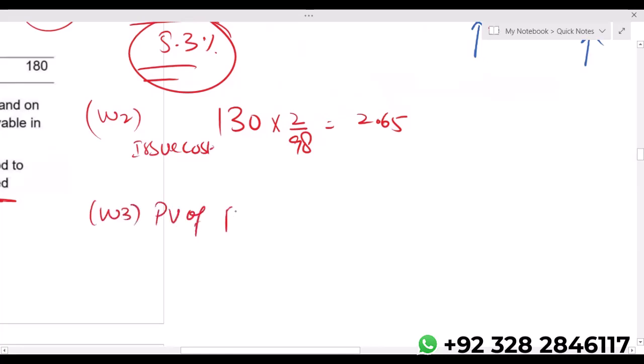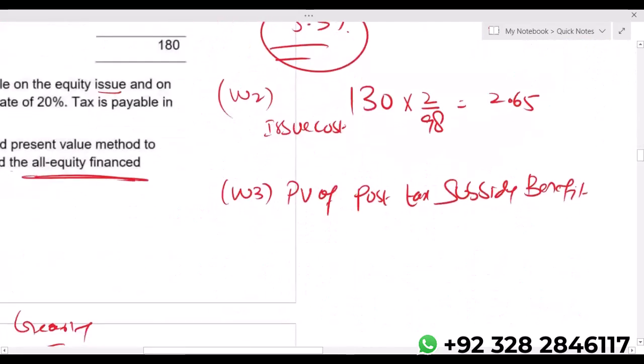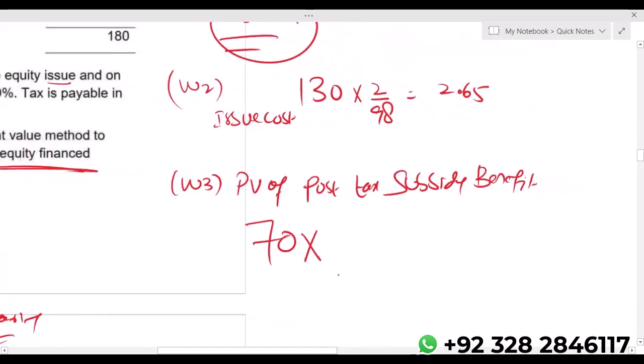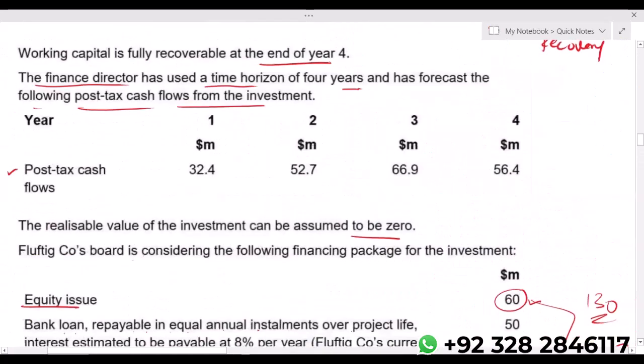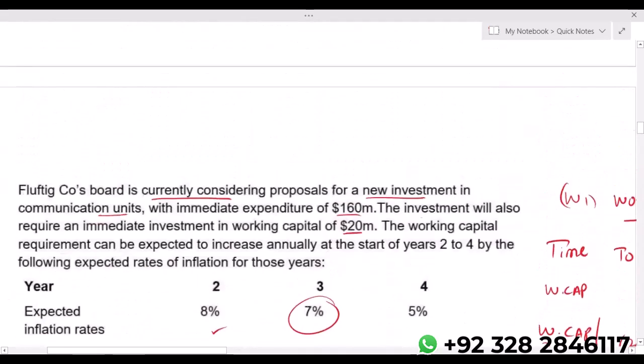Present value of post-tax subsidy benefit. The loan amount is 70 million into how much subsidy benefit is 5.3%. What is the tax rate percentage?